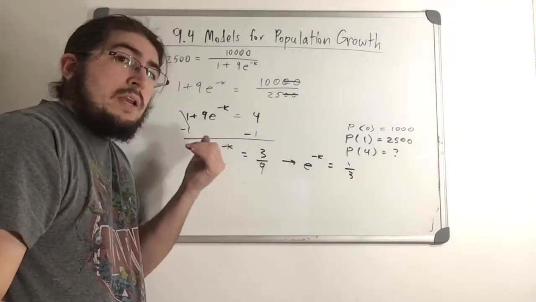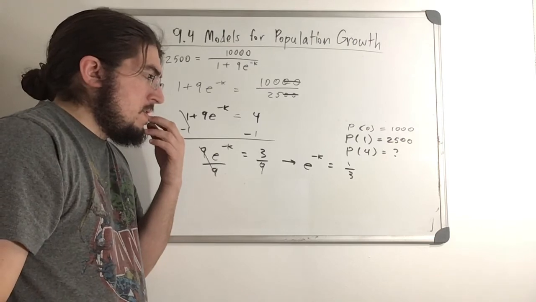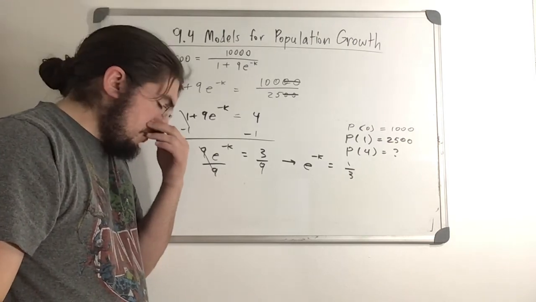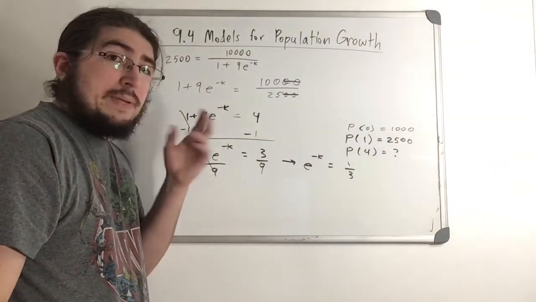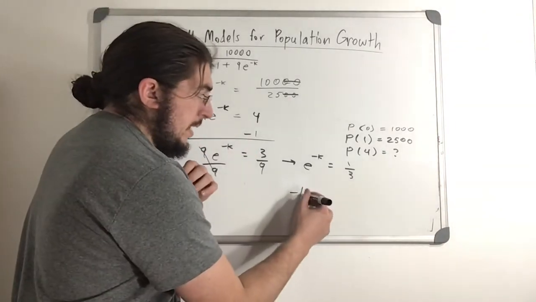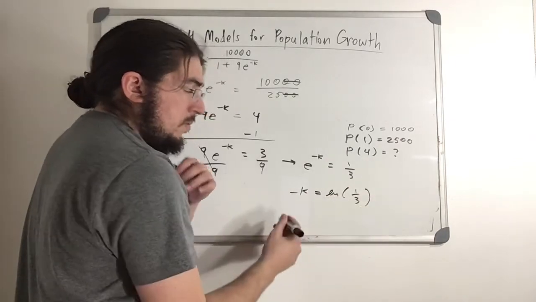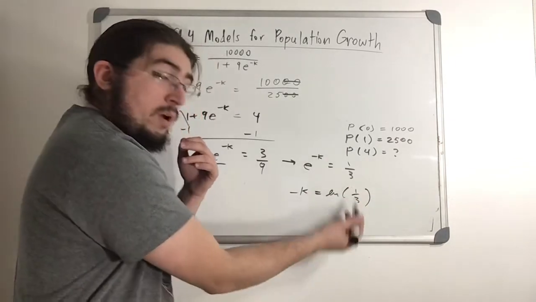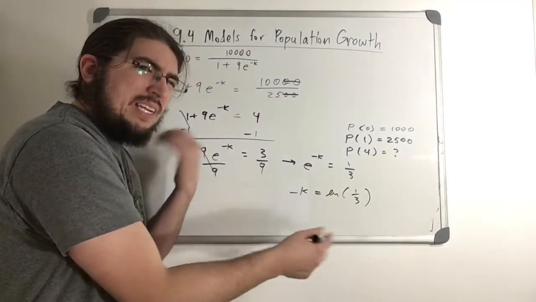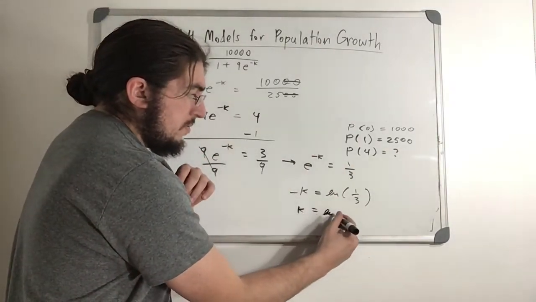Now at this point, we could actually solve for k by taking ln, but what you'll end up getting is the following. You'll end up getting that k is equal to ln of 1/3. And remember that ln of 1 over something is negative ln of that something, kind of like we saw with the 1 over 81 situation. So k would just be ln of 3.